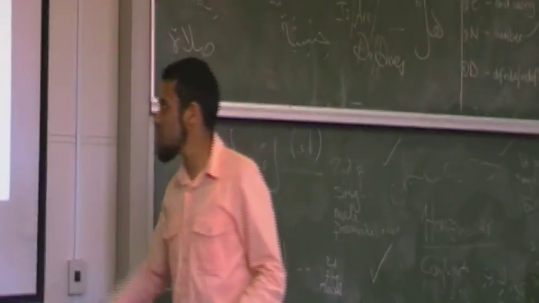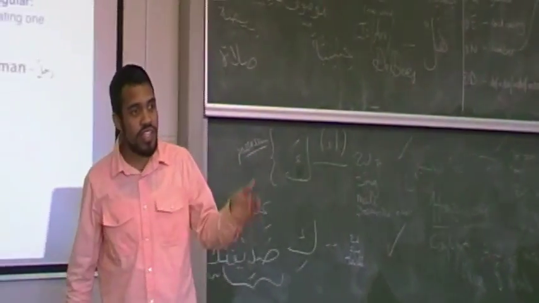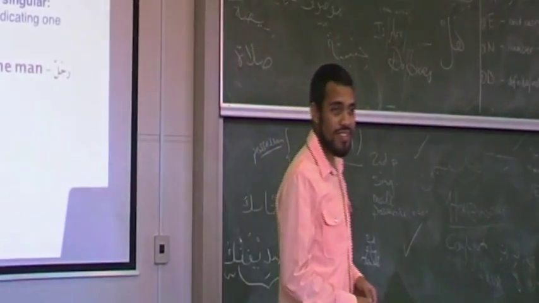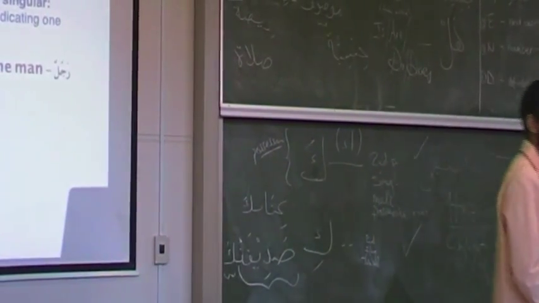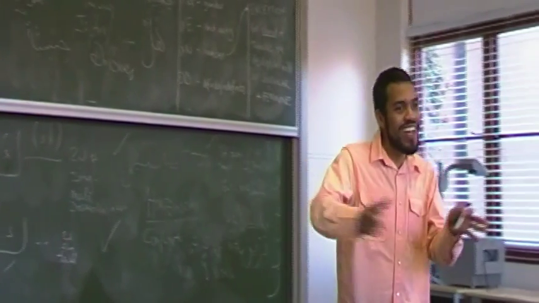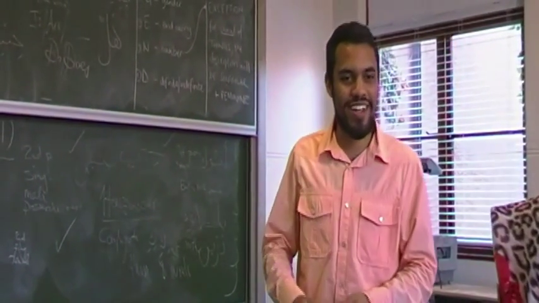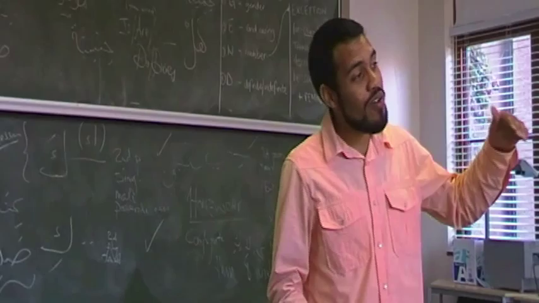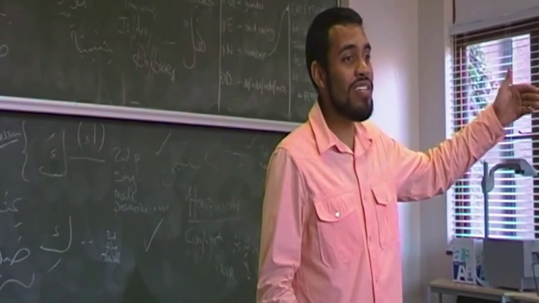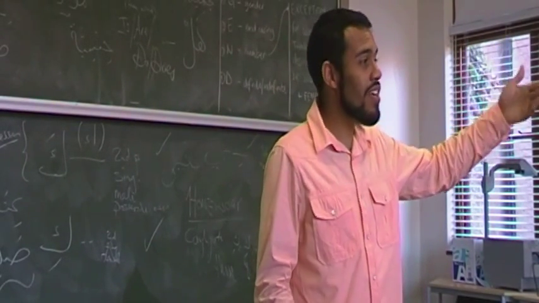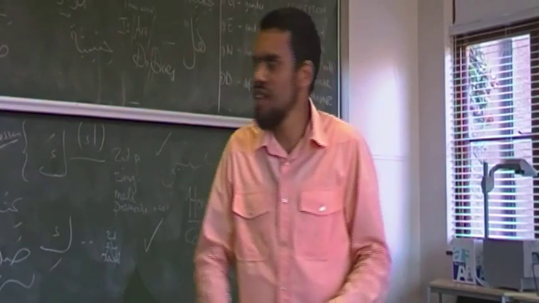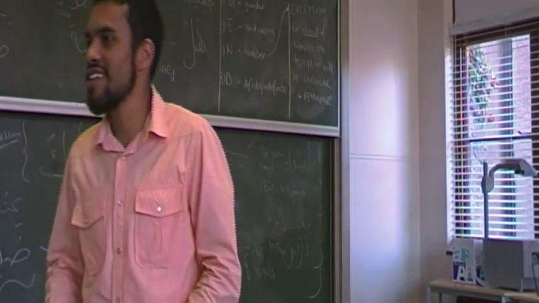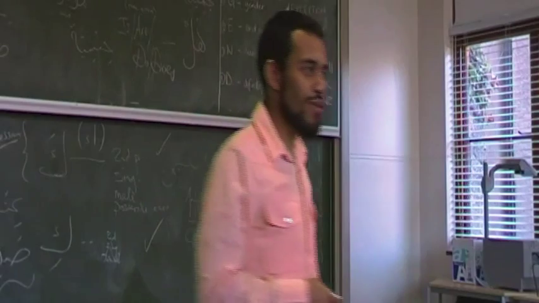Because Arabic is cool, they can show you 2 things without saying 2. We don't need to say 2 men. It's a rich language. We can just have a cool structure that indicates it's 2 men. And when it's many men, we need to indicate that it's 3, 4, 5 or 6. But 2 we can easily show in the structure of the word.